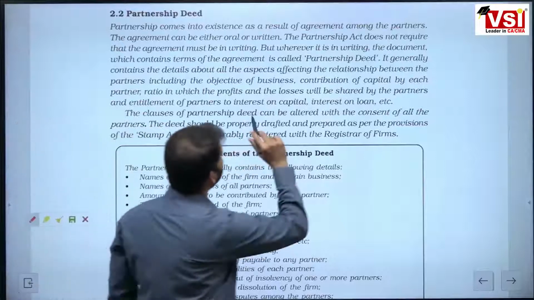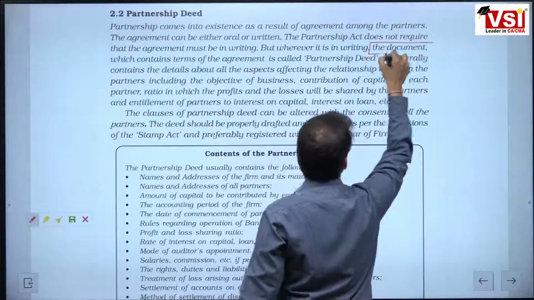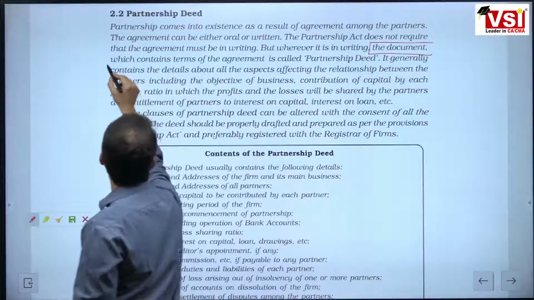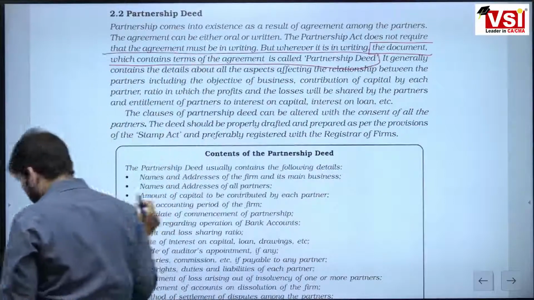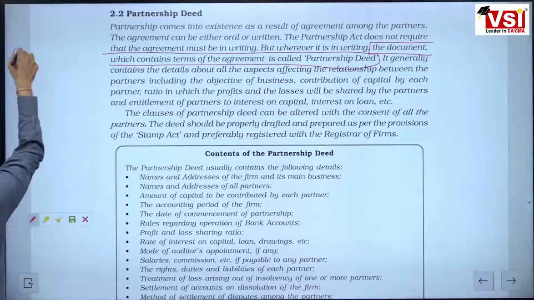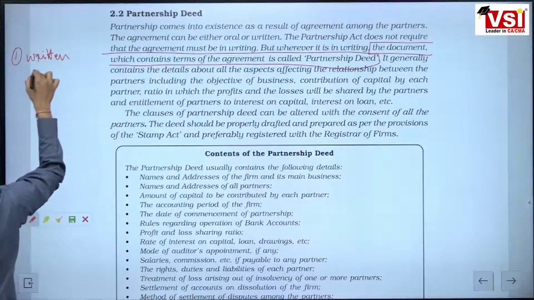So, let's do this. What is a partnership deed? In a partnership deed, first thing, it's a written document.